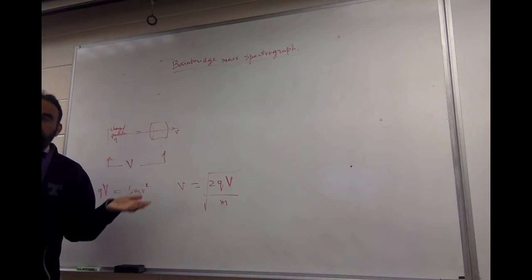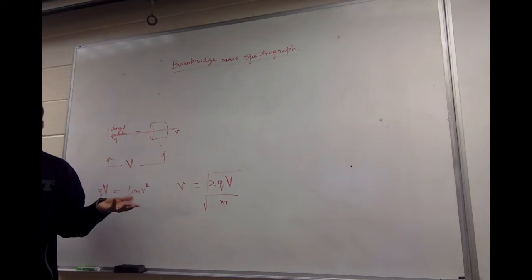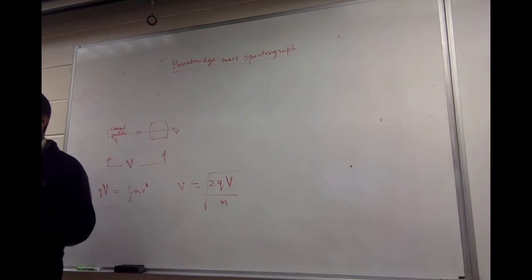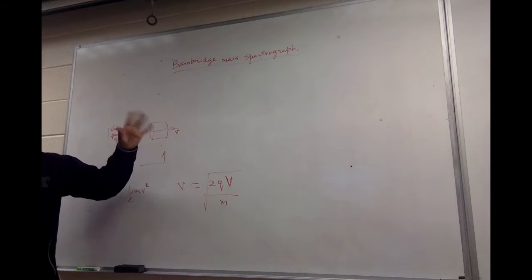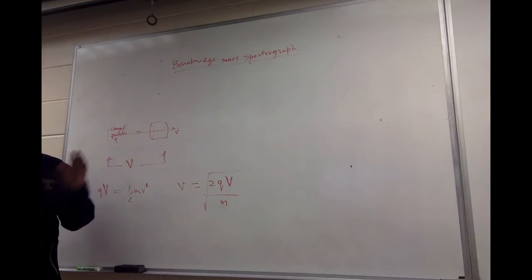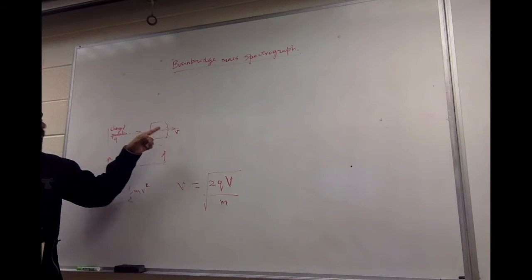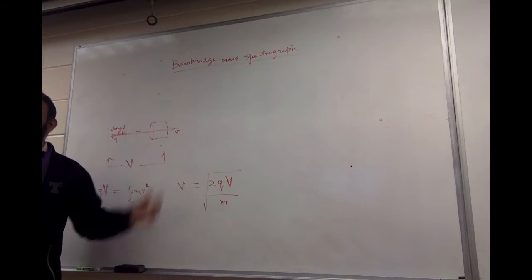But if they're already moving, then these speeds are going to be different, right? So this half mv squared I wrote over here is basically the change of kinetic energy. If it already were moving, then the speed is definitely going to be different. That means you will have a bunch of ions or charged particles coming through here, and they will all be moving at different speeds.